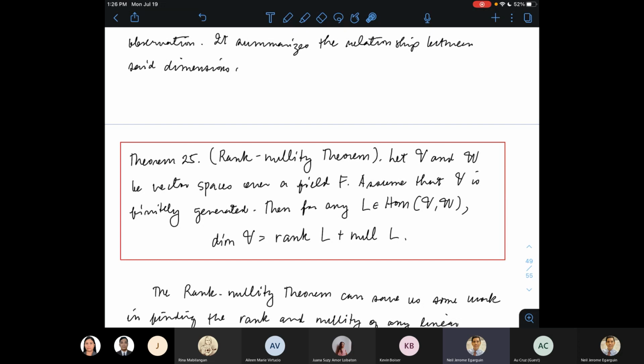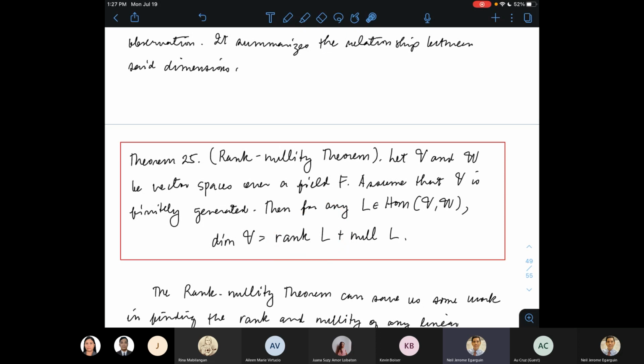So this is called the rank nullity theorem, that if you have a linear transformation from V to W, so the domain is V, then the rank of L plus the nullity of L is equal to the dimension of V. Okay? So Theorem 25 or the rank nullity theorem gives us a nice way on how to compute both the rank and the nullity by just computing one of them. And I guess, at least in the examples that we have met, mukhang mas madaling i-compute yung nullity ni L kaysa sa rank ni L.